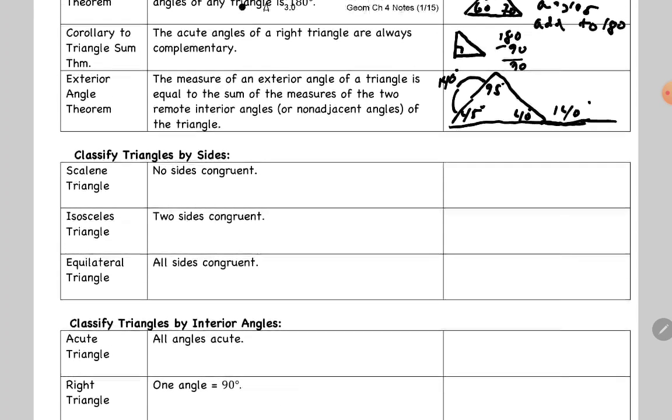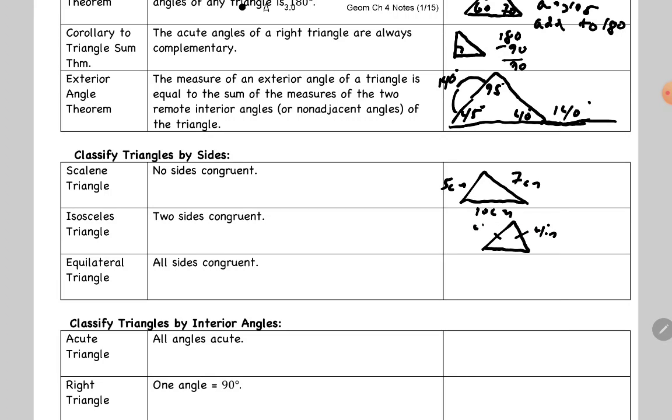Okay, let's classify some triangles. So we have a scalene triangle. A scalene triangle means that no sides are congruent. So this would be 5 centimeters, 7 centimeters, 10 centimeters. So they all have different lengths. An isosceles triangle has two sides congruent.